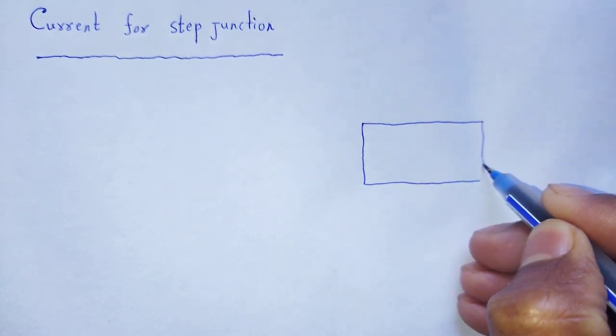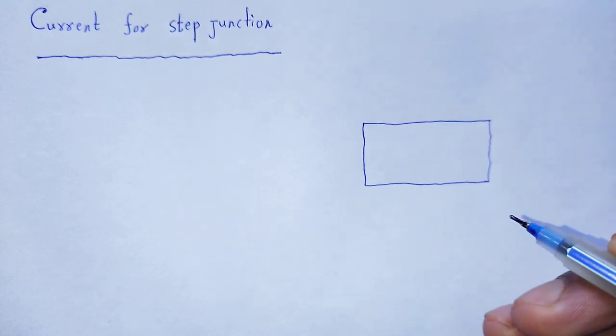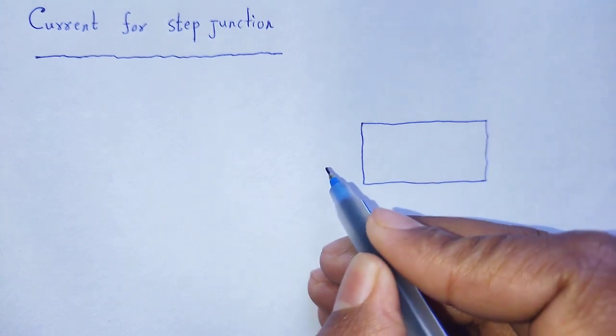PN junctions are categorized as step graded or linearly graded on the basis of their doping.